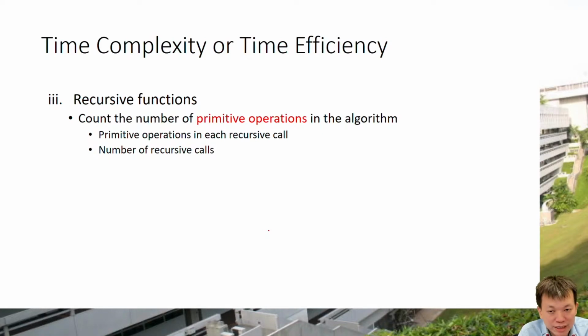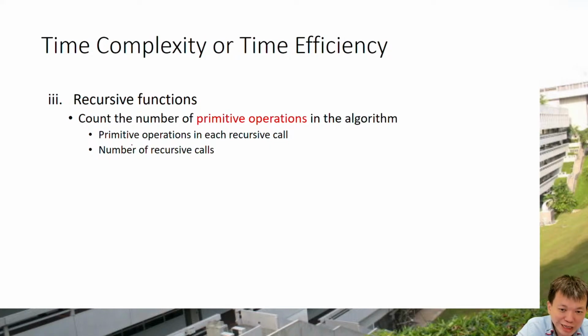So for recursive functions, in all this time complexity analysis, basically we are trying to count the total number of primitive operations in the algorithm. So how to count the total number of primitive operations in a recursive function?